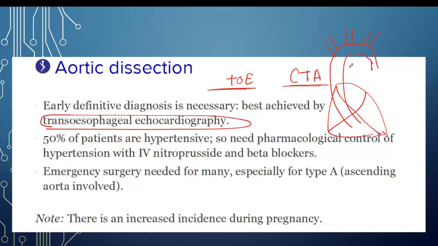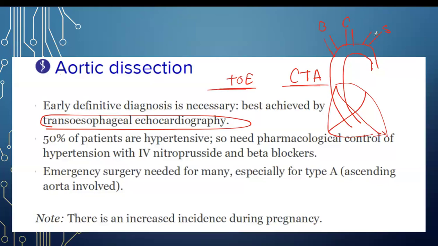Now, you know about the aorta, and the aorta has these branches: brachiocephalic, then the carotid and subclavian, right? So that's the left subclavian artery. Dissection means a tear in this aortic muscle.